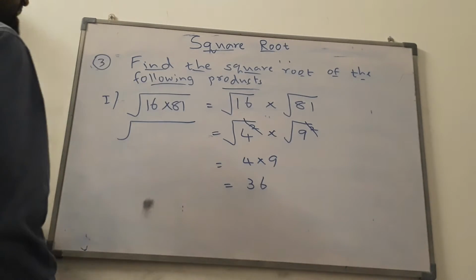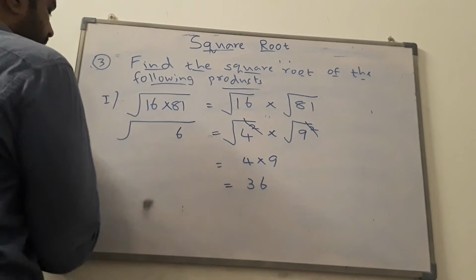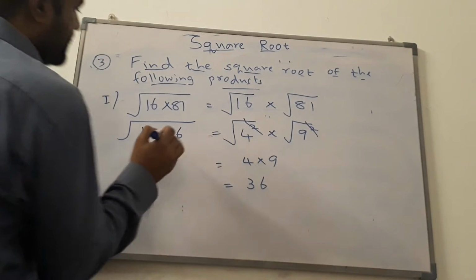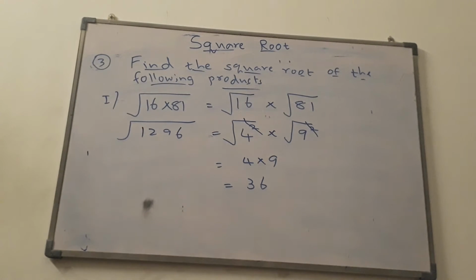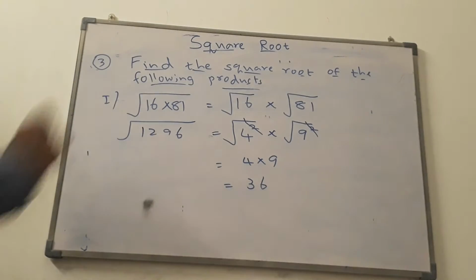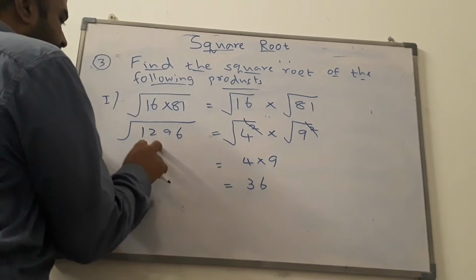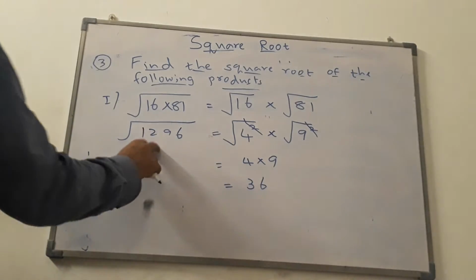The other method is multiplying out the product. If we multiply the product, it will be 1296. Now the problem is we can't find the square root of this easily.